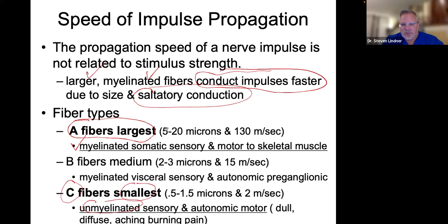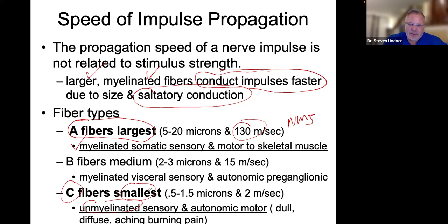These are about 5 to 20 microns in diameter, and it can travel 130 meters per second. That's super quick, super, super fast. This is going to be what happens at the neuromuscular junction, right? Those are myelinated, somatosensory, and motor to skeletal muscles.